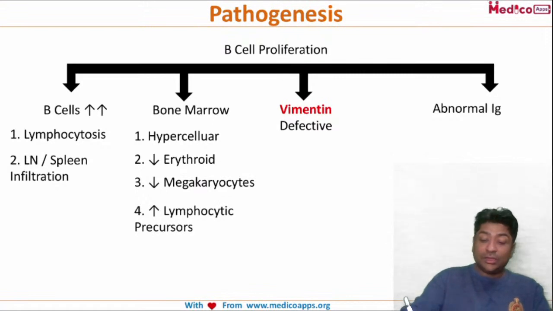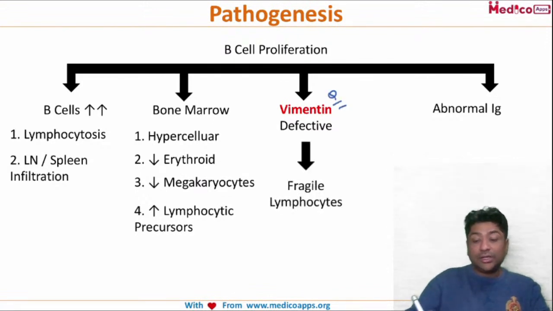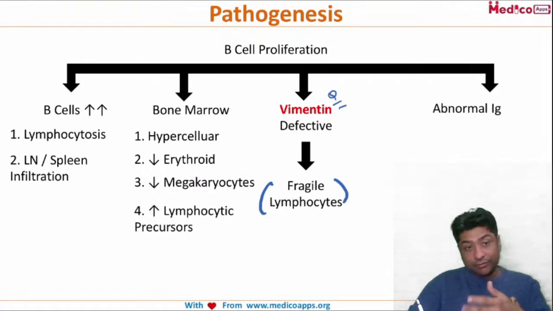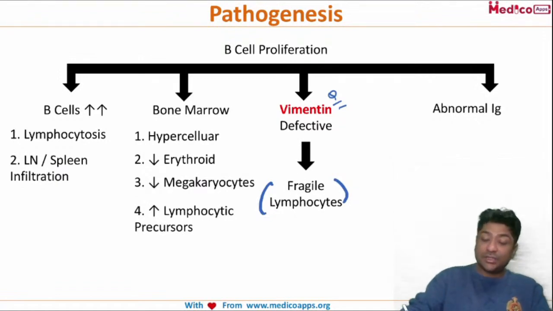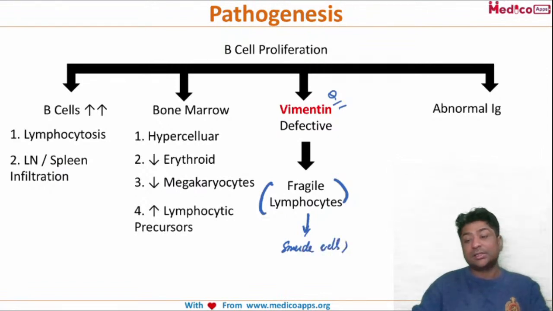As I've told you, this cytoskeletal molecule vimentin is defective, so this will lead to fragile lymphocytes. So not only are these lymphocytes non-immunocompetent, but they are also fragile. When you make a peripheral smear, they will present as smudge cells. And what will this abnormal immunoglobulin lead to?